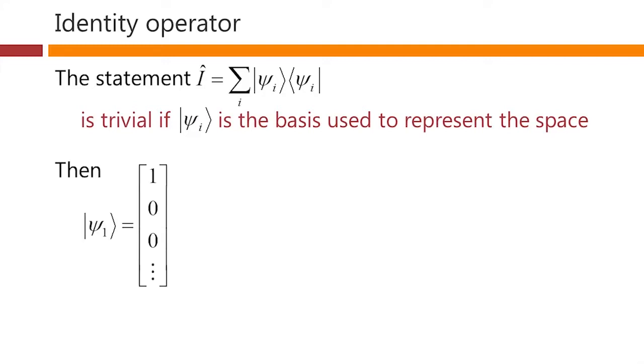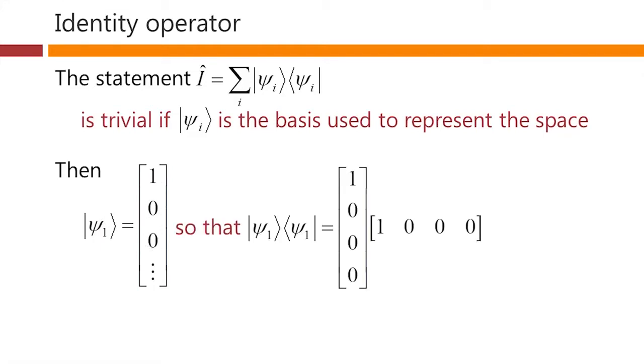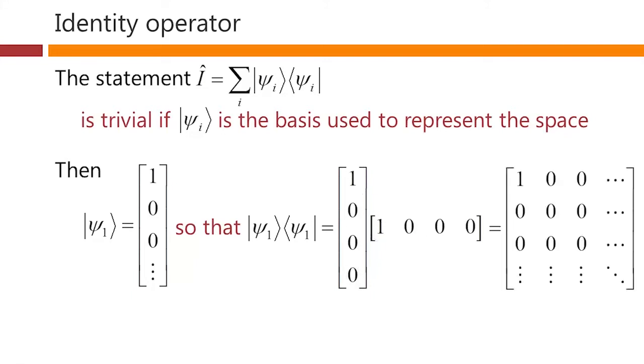Well, if we are using the psi i basis to represent these vectors, then rather trivially, psi 1 is just the vector 1, 0, 0, 0, and so on. And therefore, the outer product of psi 1, the ket vector, with psi 1, the bra vector, the product of these two vectors then, is just this rather simple matrix with a 1 here and zeros everywhere else.